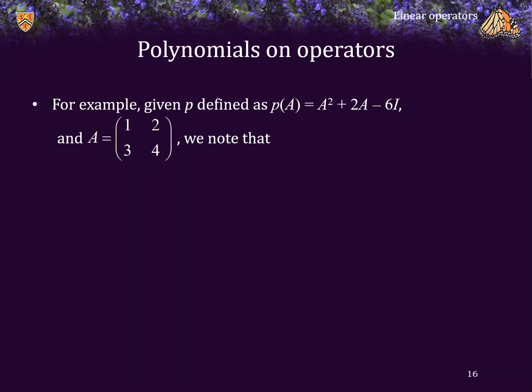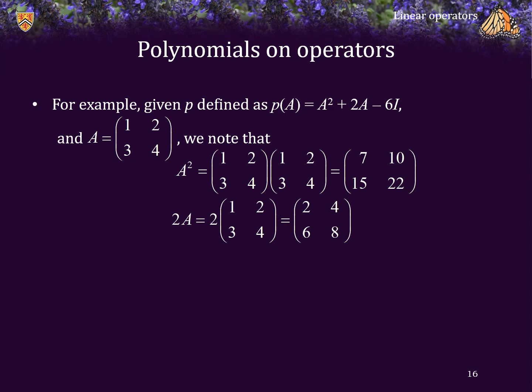For example, given the polynomial P defined as P applied to A is A squared plus 2A minus 6 times the identity operator, and A is equal to the matrix 1, 2, 3, 4, we note that A squared is the product of A with itself, which is 7, 10, 15, 22. Twice A is equal to 2, 4, 6, 8.